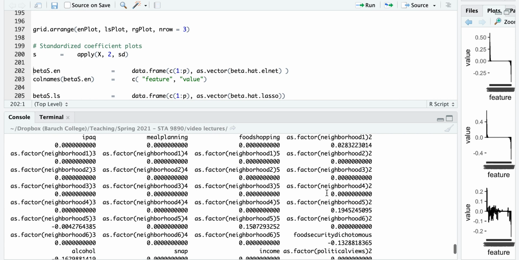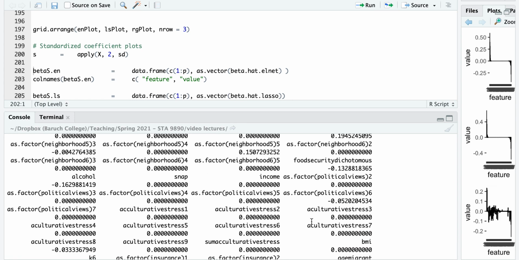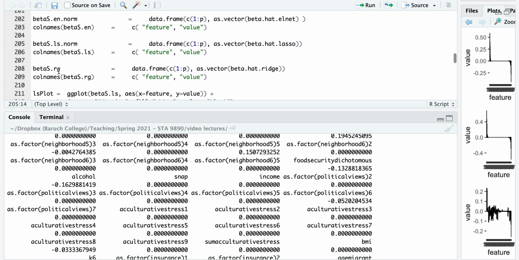Now the relative importance is expressed in a way that they're all having the same scale, all these coefficients. So I call this normalized. I add norm here, I add norm here, I add norm here, and then okay.